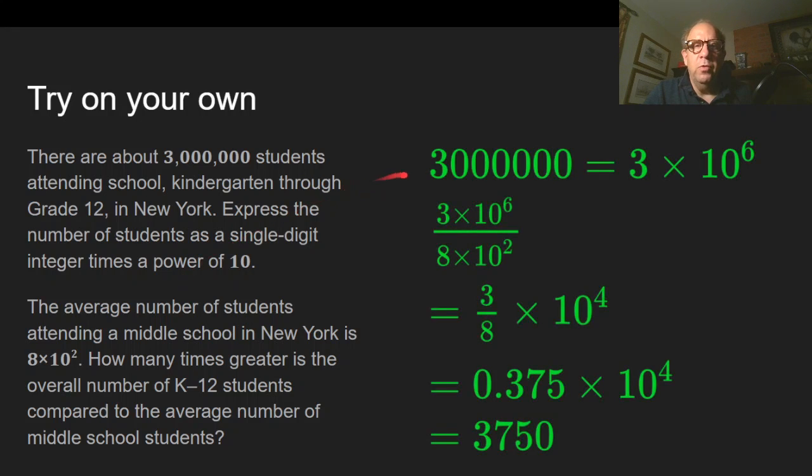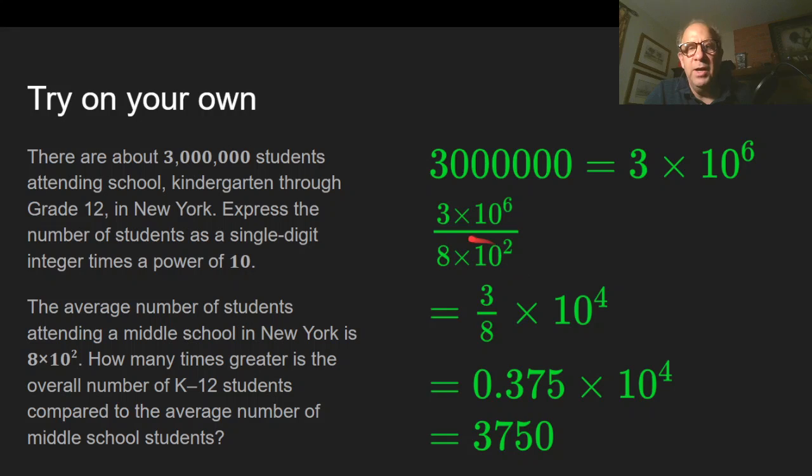All right, so 3 million is about 3 times 10 to the 6th, right? There's 6 zeros, 3 times 10 to the 6th. 8 times 10 squared is 8 times 10 squared. So we're going to divide these. The 3 times 10 to the 6 is larger because the 6 is larger. This is only like 800.